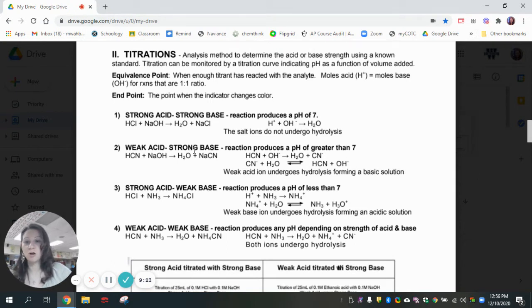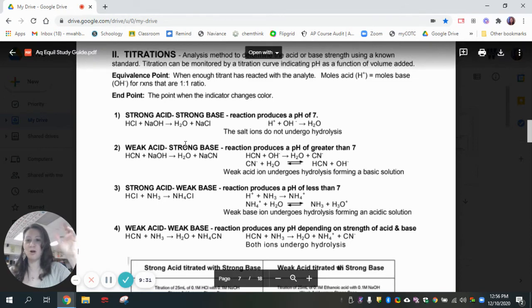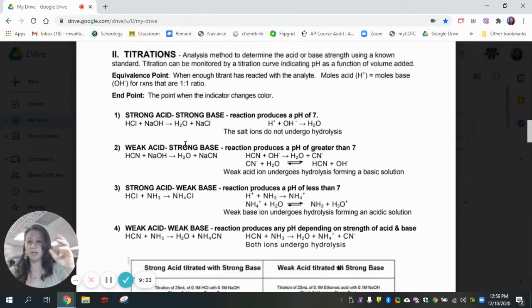So when you have a strong base with a weak acid, the pH at the equivalence point is greater than 7. It's not because you say, oh, well, the base is stronger than the acid is weak, and so strong base, so you're going to have a pH greater than 7. That's not the reason. The reason is because one of your products undergoes hydrolysis to give off OH minus, and so your pH is greater than 7.